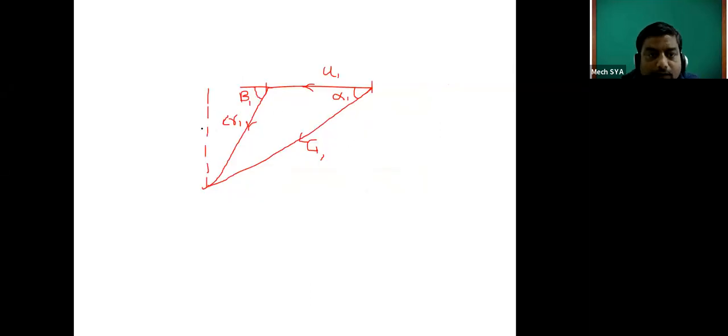This will be the flow component, which is coming in the downward direction, the same as CF1, and if you join it, it will definitely be a 90-degree angle. And this component in the horizontal direction, along the blade direction, is responsible for the whirling action. This will be CW1.